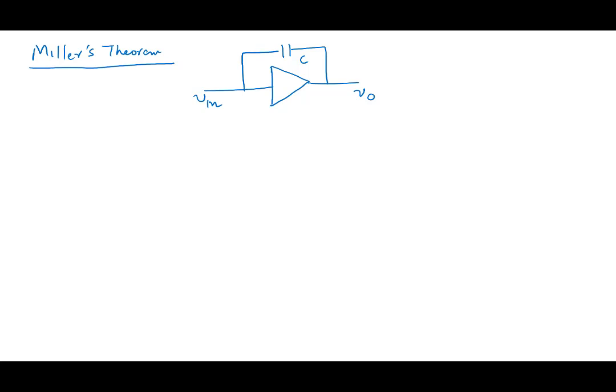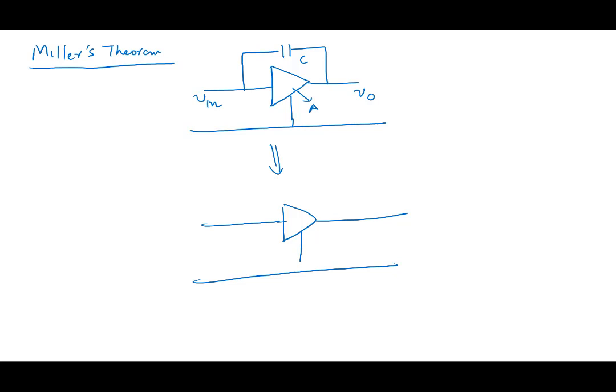So this is our amplifier. There's a capacitance connected between input and output, and let's say the gain of this amplifier is A. Miller's theorem is saying that this circuit, you can convert it into the following circuit.